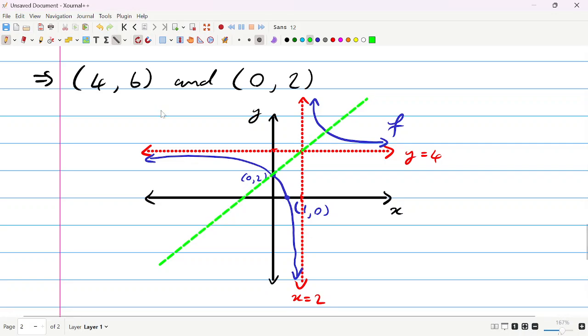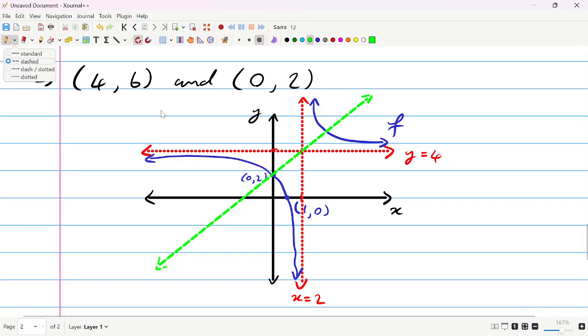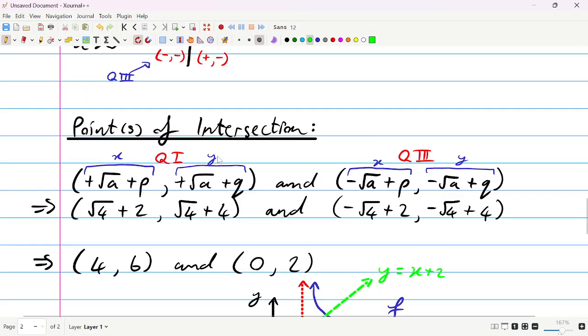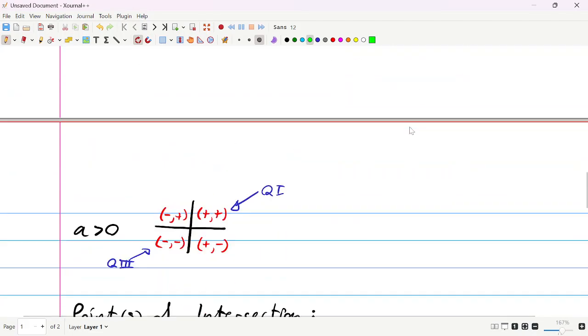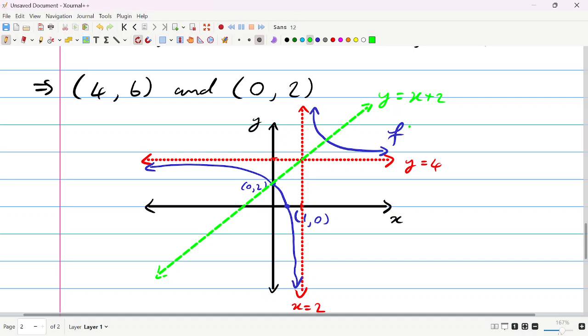Okay. So this would be the one with the positive gradient. So it'll look something like this. Y is equal to x plus 2. And then our negative axis of symmetry, which is negative x plus 6, is going to just look something like this. It's just going to be perpendicular to our other line, which was this.